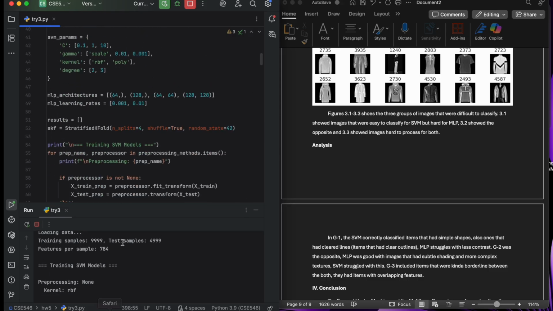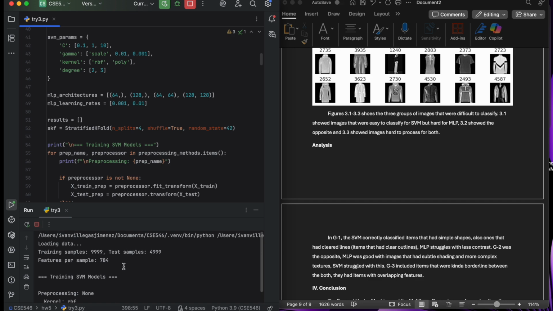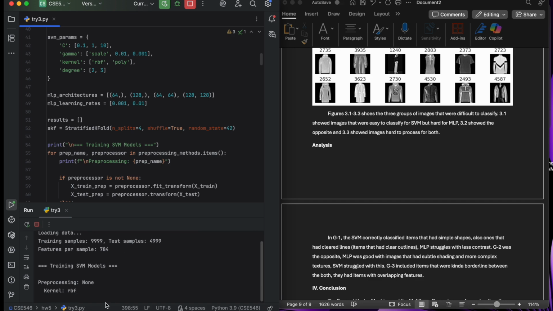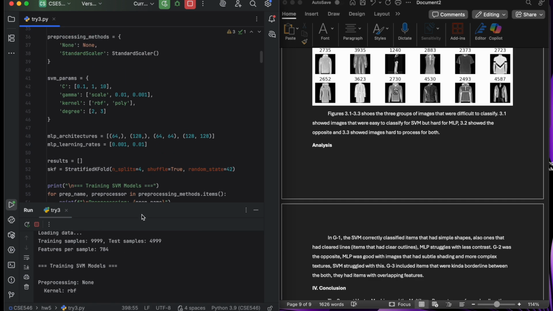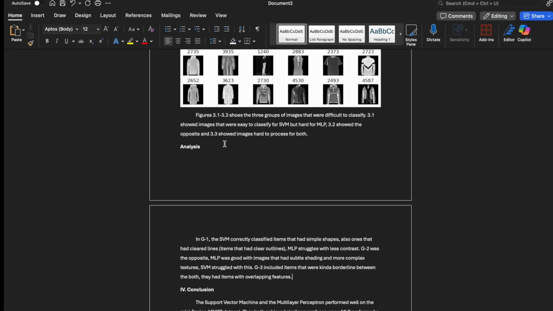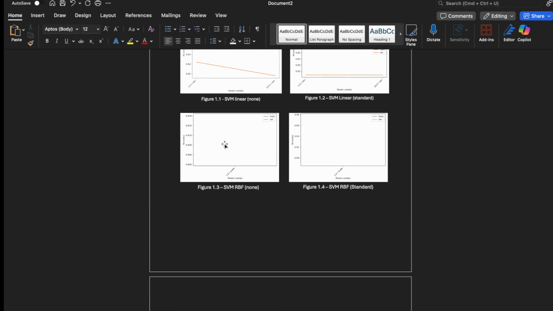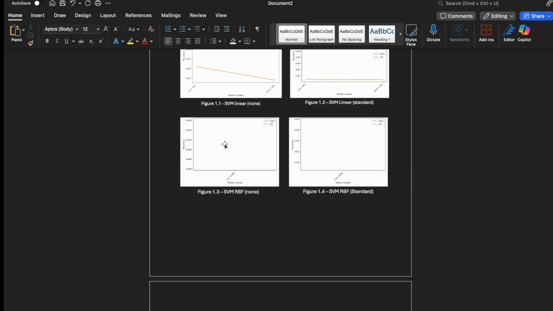Anyways, that's running. Maybe it'll finish by the time I finish explaining my document, but I doubt it, because it's going to be a quick explanation since I am running out of storage.